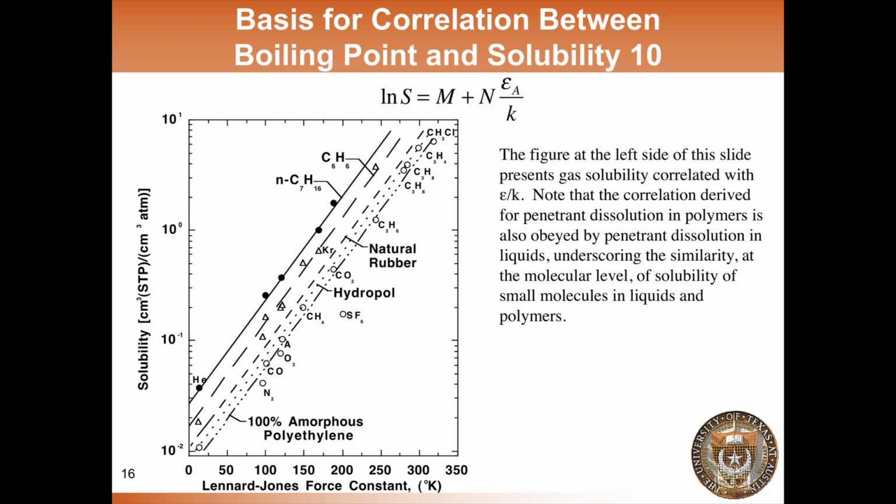And this is a phenomenon that is also found in liquids. So if you take, for example, normal hexane and try to mix it with perfluorohexane, you'll find that those two materials phase separate and really don't like to mix at all.